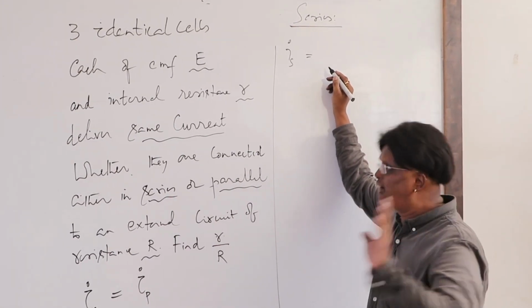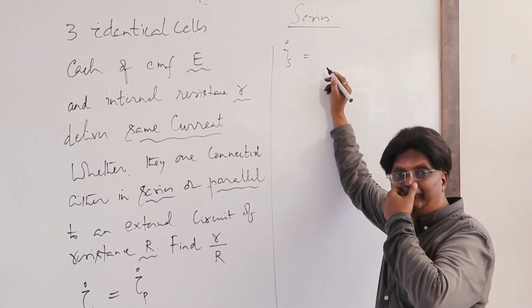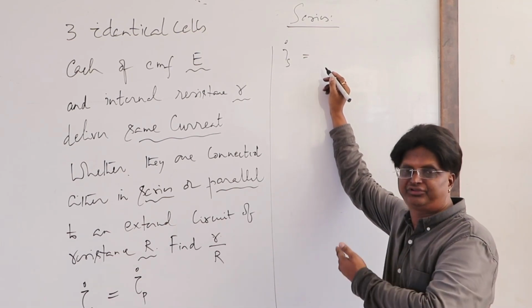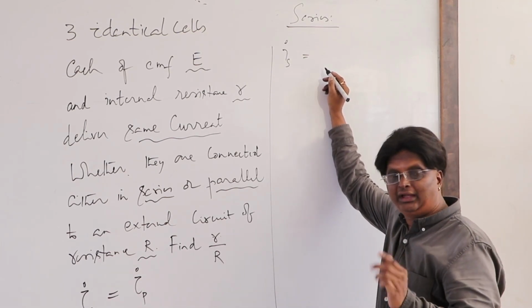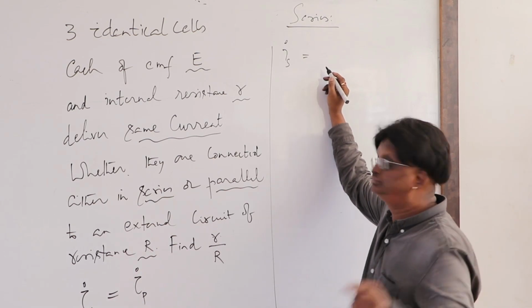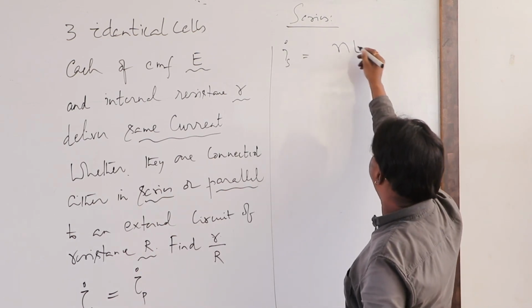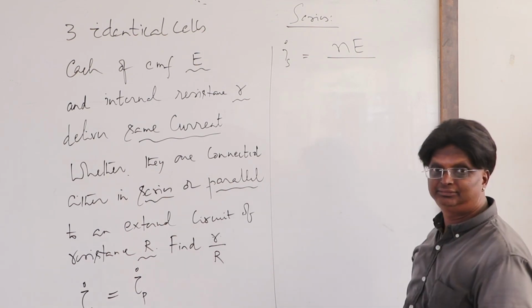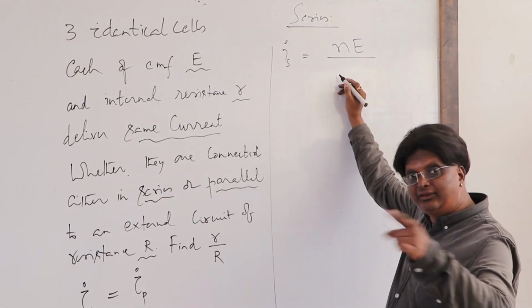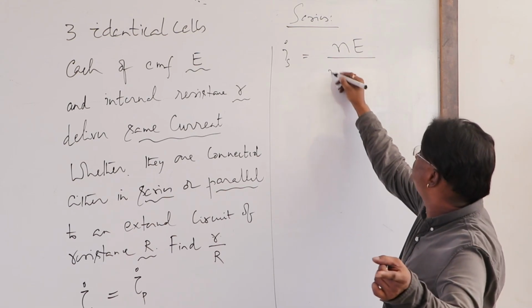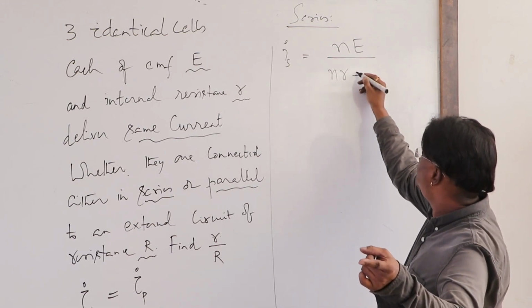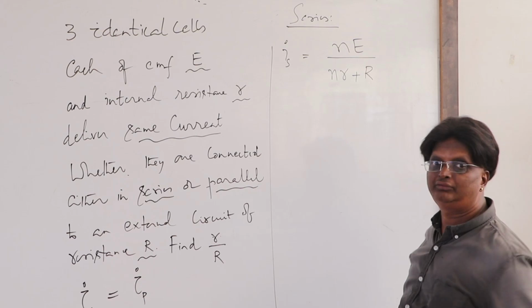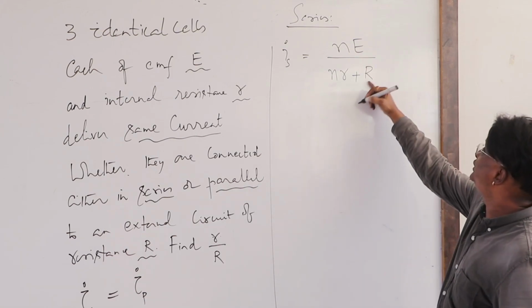Supposing n, and in the given question that n value is 3. Let me write it for a general expression. N identical cells, each in series. So, what will be the EMF? Yes, it is nE. And what will be the resistance? Each, n such in series, therefore this is n times small r. And of course, the external resistance of the circuit is capital R.